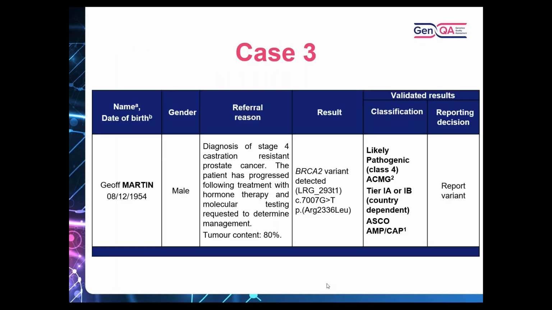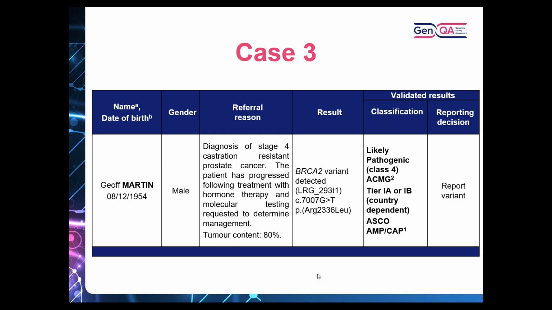So on to case 3. Case 3 was a patient with prostate cancer, diagnosed as stage 4 castration-resistant prostate cancer, and the patient progressed following hormone therapy treatment. They're asking for molecular testing of this prostate tumour to help determine management.